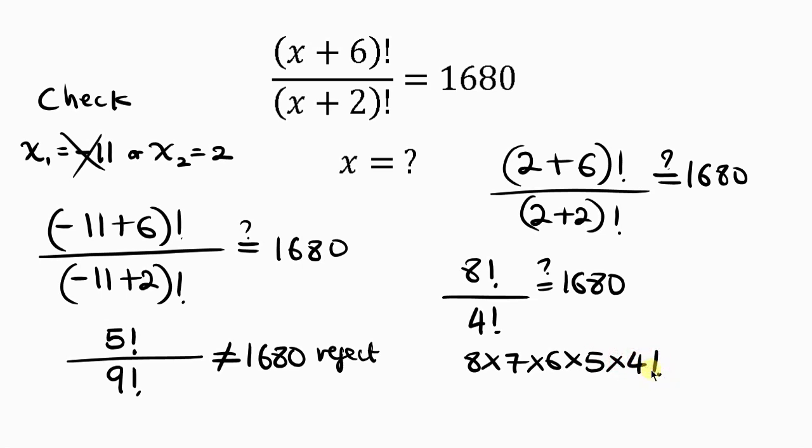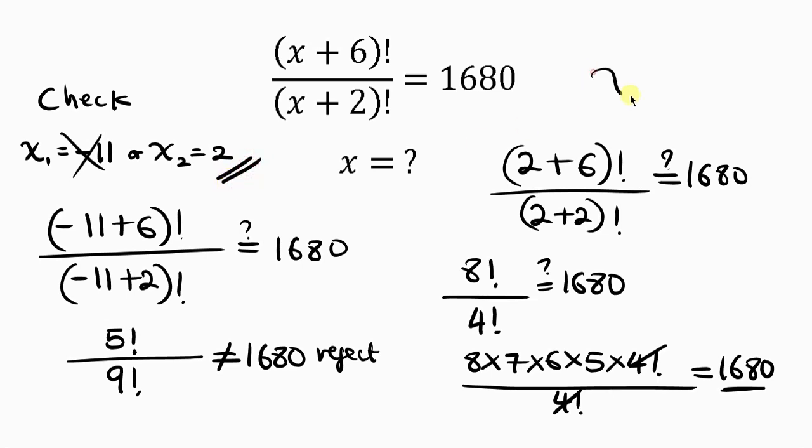So we stop at 4 factorial because we have 4 factorial in the denominator. Notice 4 factorial can cancel out 4 factorial. 8 times 7 times 6 times 5 is actually 1680. So our only valid solution is x equal to 2.